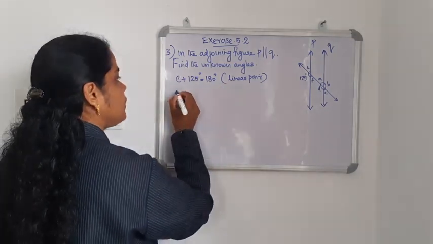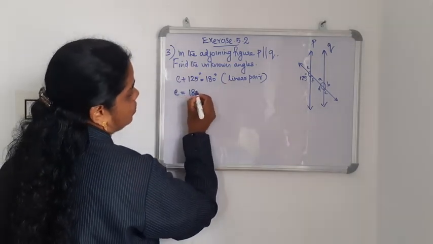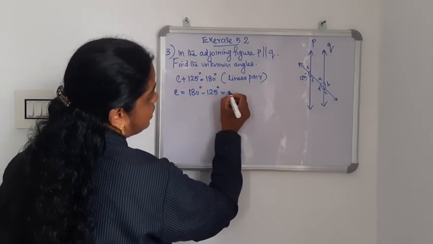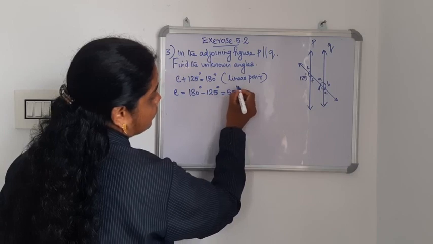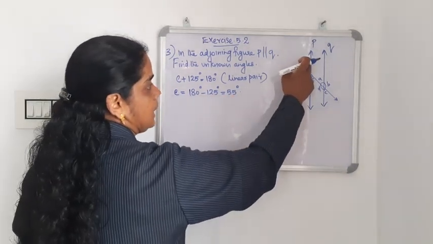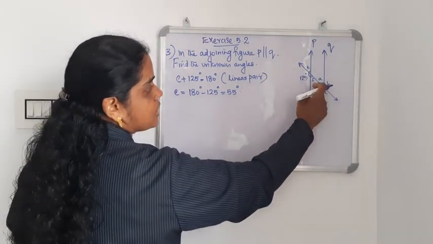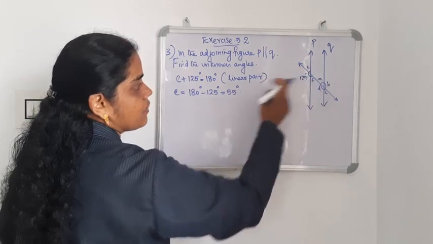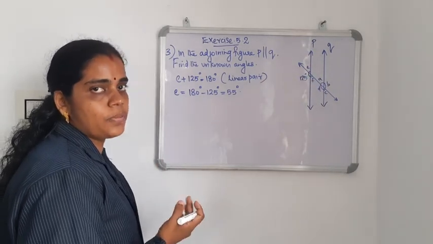So from here we can write E equal to 180 degree minus 125 degree. What is the measurement? 55 degree. Okay. So one angle you got, E is 55. So can you say what is the angle measurement of F? This E and F are vertically opposite.